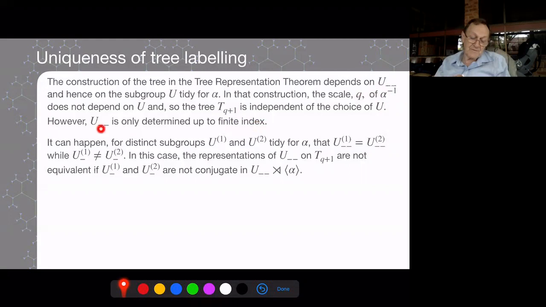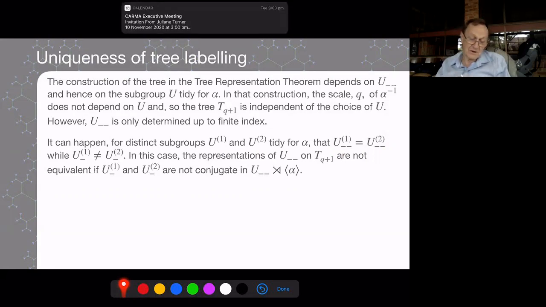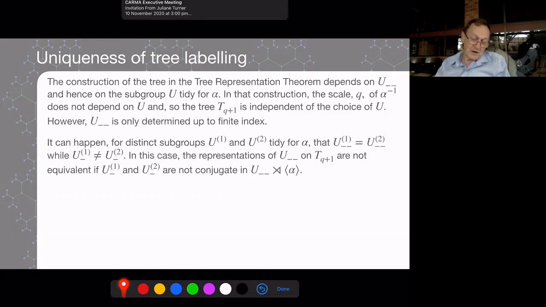Now, even if U double minus is unique, or if we happen to choose 2 tidy subgroups U1 and U2 such that the U double minuses agree, even in that case, the tree representation is not uniquely determined, because we can have that these groups are unique, but the subgroups U1 minus and U2 minus are not equal, or not even conjugate within this semi-direct product.